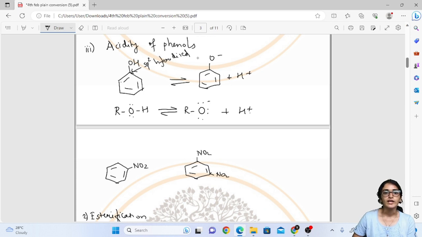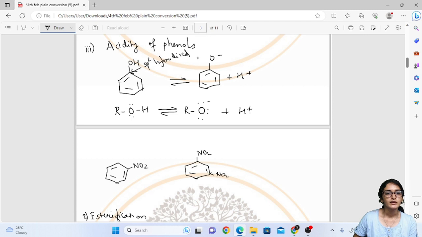Okay, then one more thing: we can easily ionize the phenol group into the phenoxide ion and H plus ion. Now why is this possible? Because here we have the OH group attached to the benzene ring, which can be easily ionized into phenoxide ion and H plus ion.